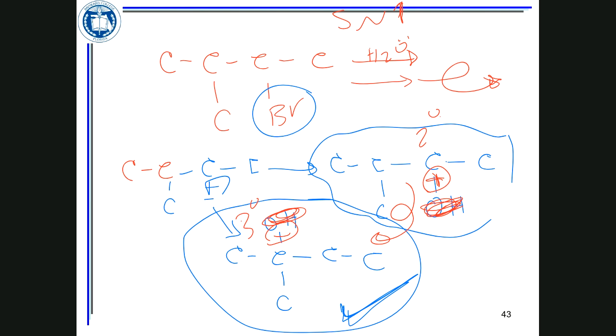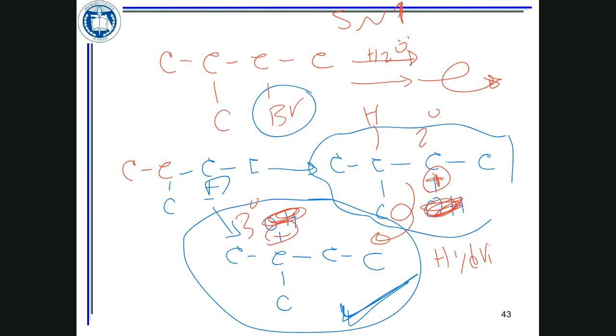The condition is that the adjacent carbon must have either a hydrogen or a methyl group. But if it does have hydrogen, hydrogen is the better option to switch between the two carbons. So basically it's a shift, and the shift is called a hydride shift.